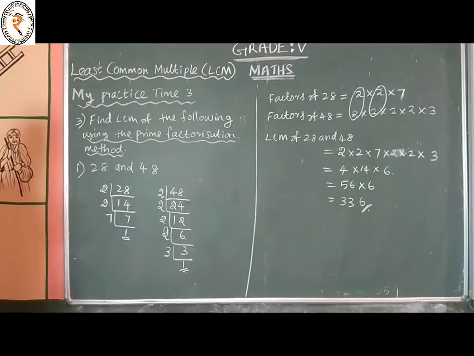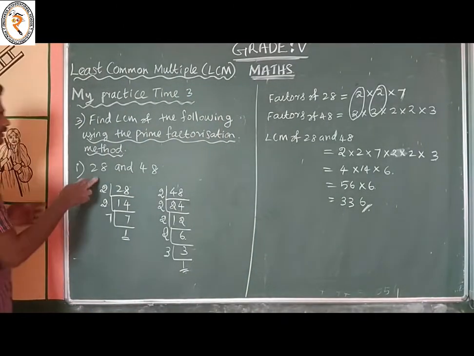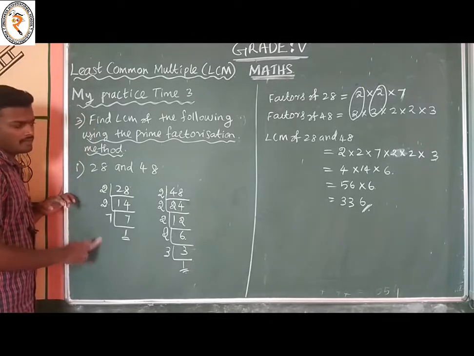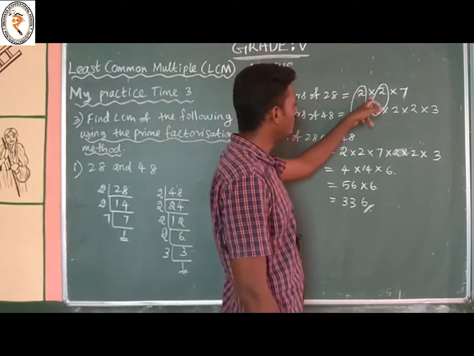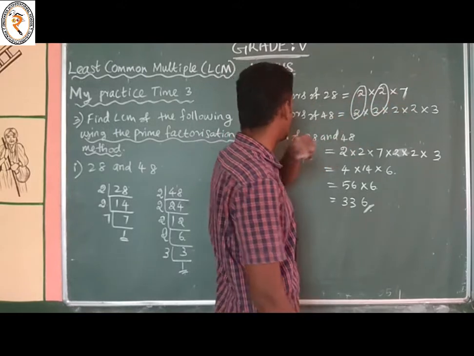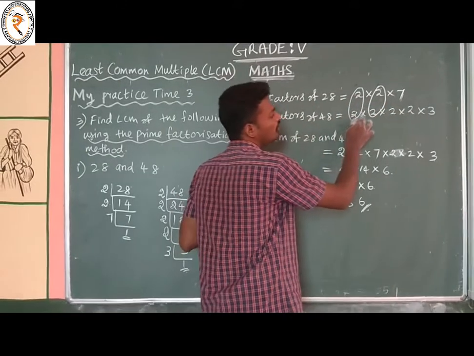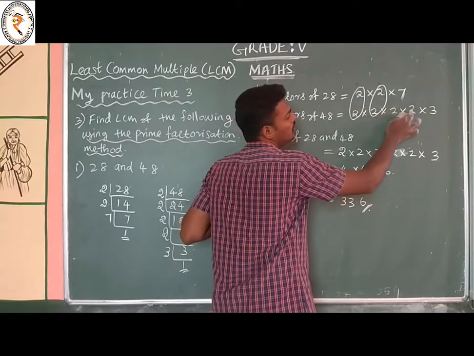In the prime factorization method, 28 is divided by the long division method. So the factors of 28 are 2 into 2 into 7. The factors of 48 are 2 into 2 into 2 into 2 into 3.